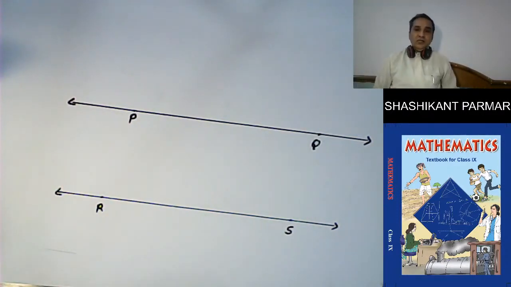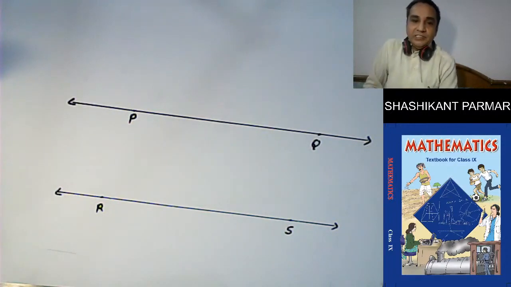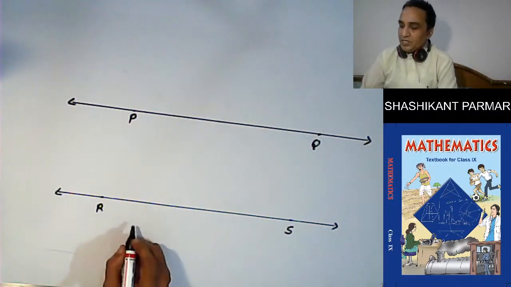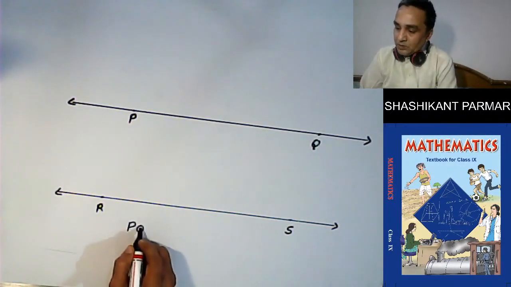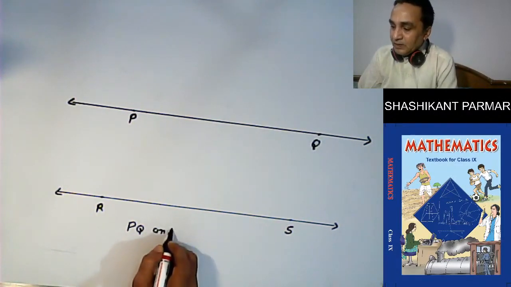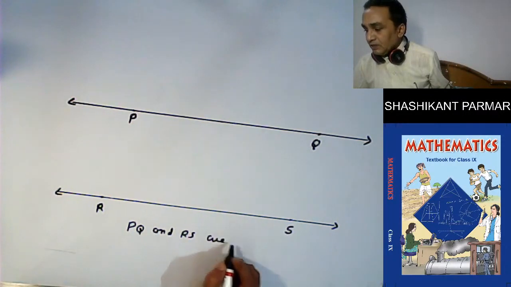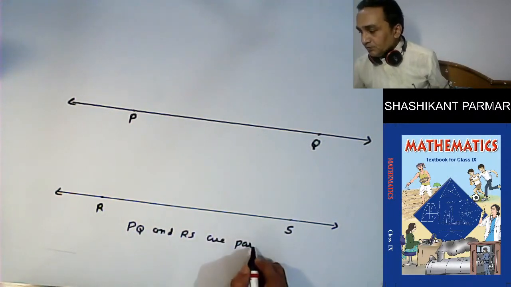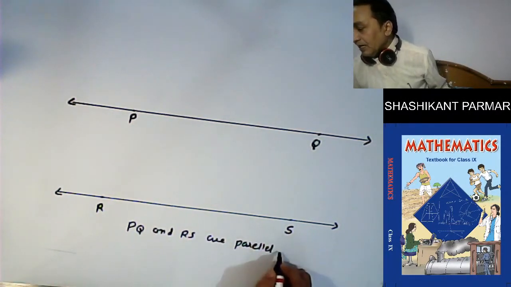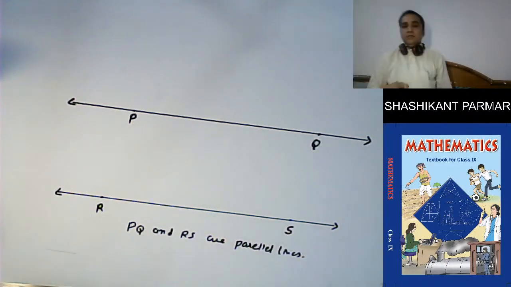Both are non-intersecting lines. Therefore, PQ and RS are parallel lines. Okay.